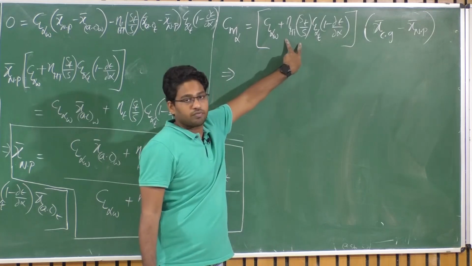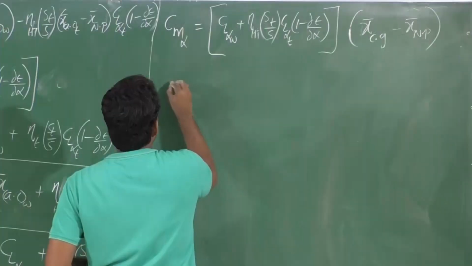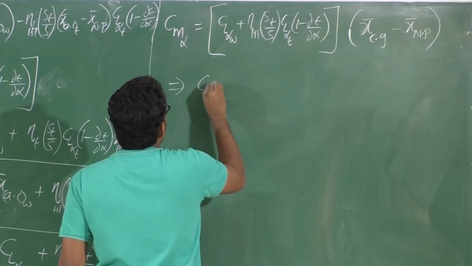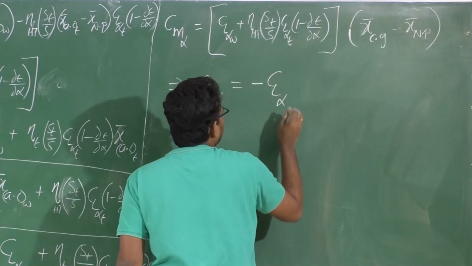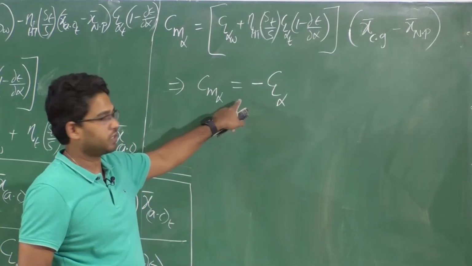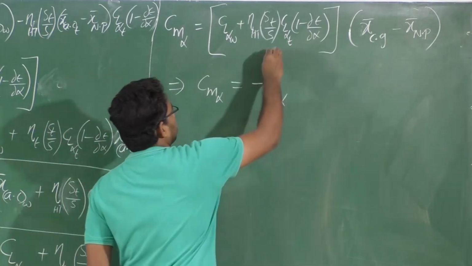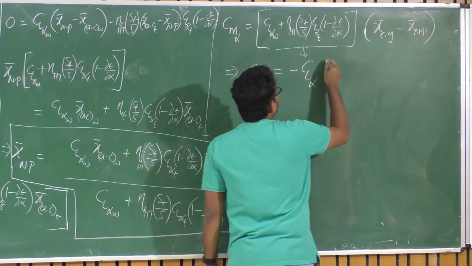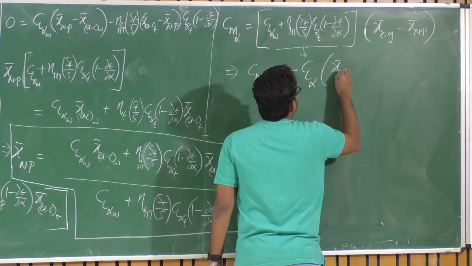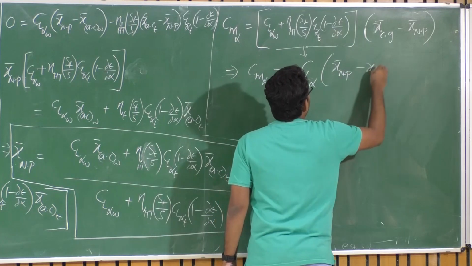This implies Cm alpha is equal to minus Cl alpha of the entire aircraft, multiplied by x bar NP minus x bar Cg.